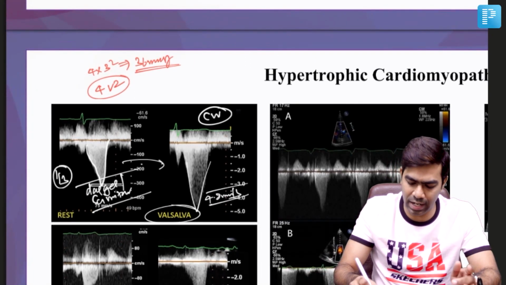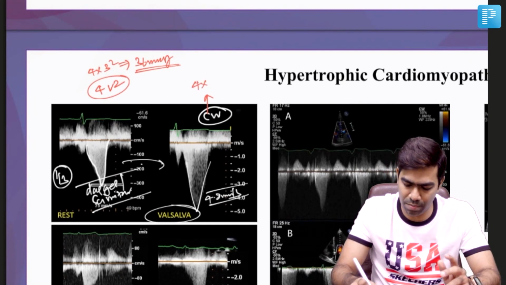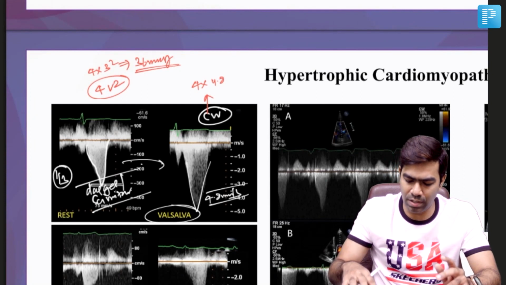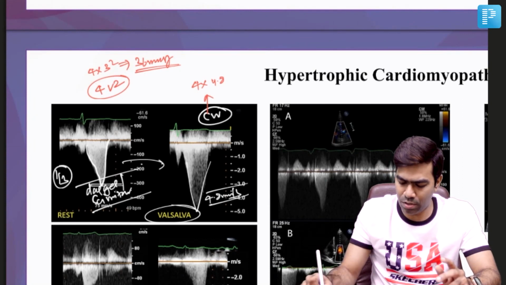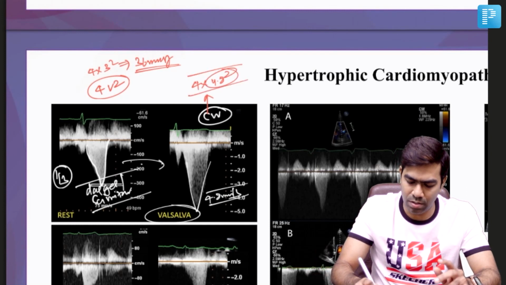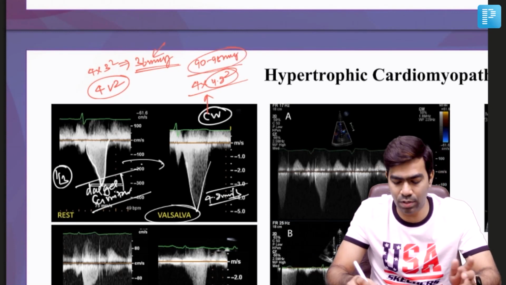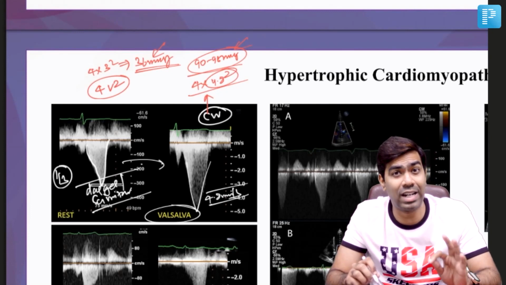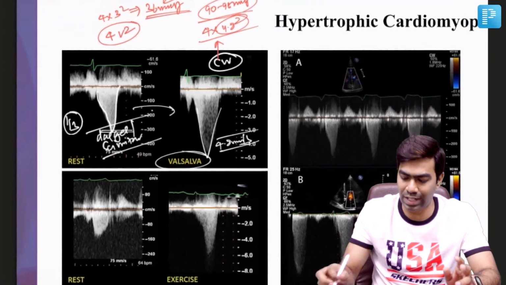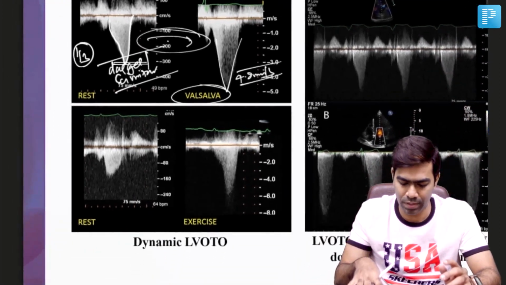So if you calculate the gradient with Valsalva in this individual, it is 4 multiplied by 4.8 squared, which will be approximately 90 to 95 millimeters of mercury, which means at rest, the gradient is 36 millimeters of mercury. With Valsalva, the gradient increased to 90 to 95 millimeters of mercury. You are proving the dynamicity of the LVOT gradient and dynamicity of the obstruction.